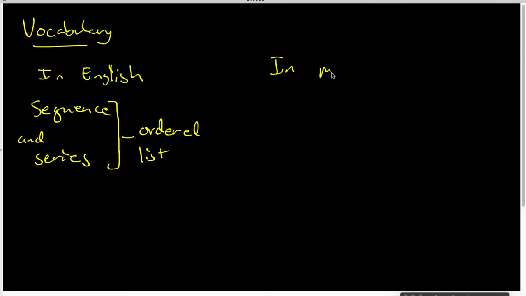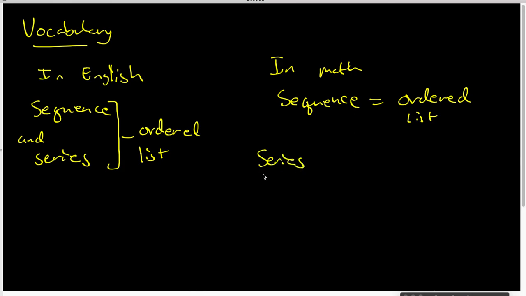But in math class, sequence means ordered list, and a series is something else. It is a sum of an ordered list.